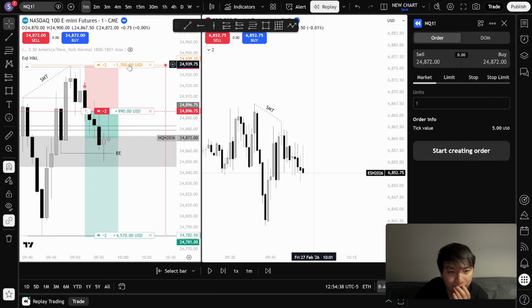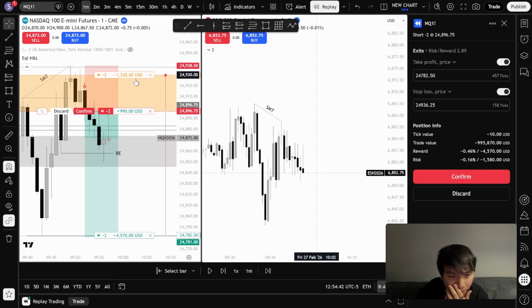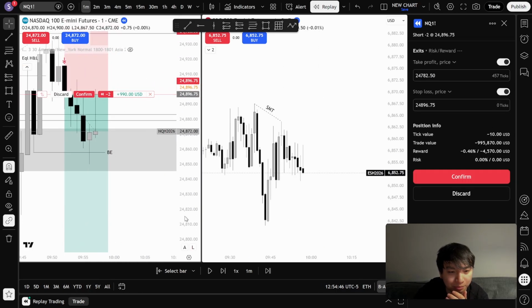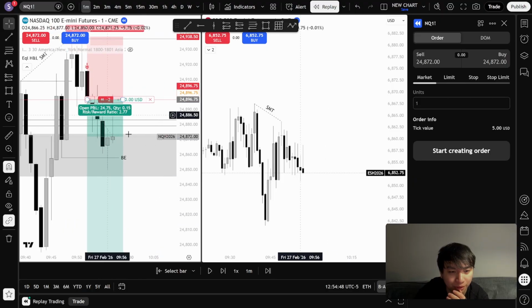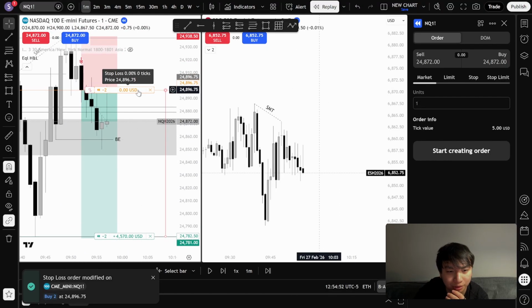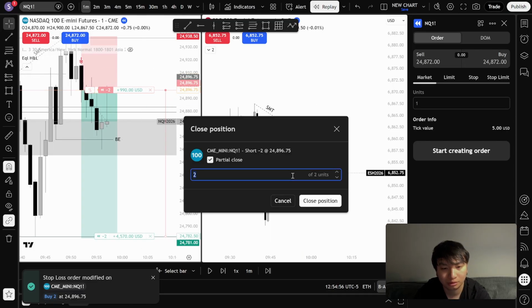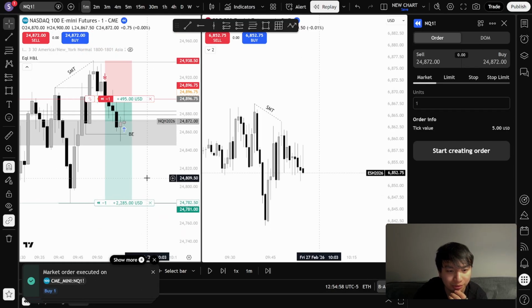All right, break even right here. So what I want to do is break even right here. And I actually want to take partials right here. So I want to remove just a 1-on-1. I just want to remove my position right there.